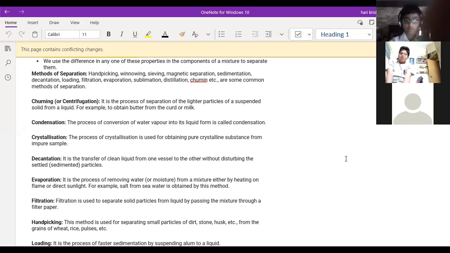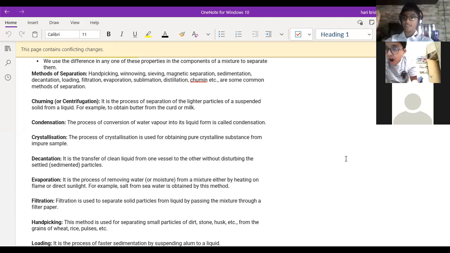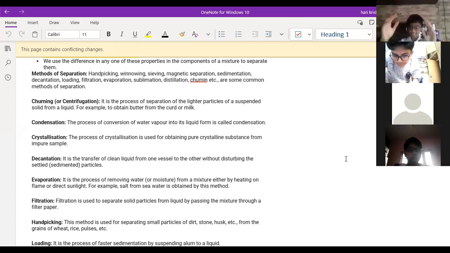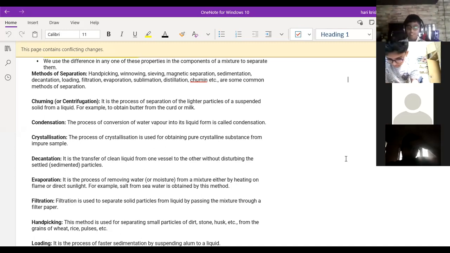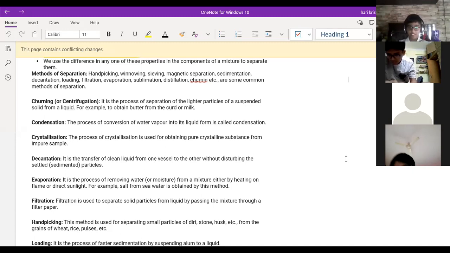They'll use a churner machine, right? Yes, sir. So when you do that, whatever the cream is in the milk will be obtained out.